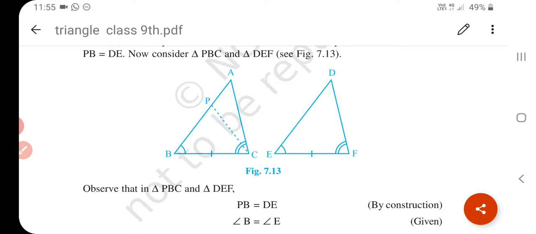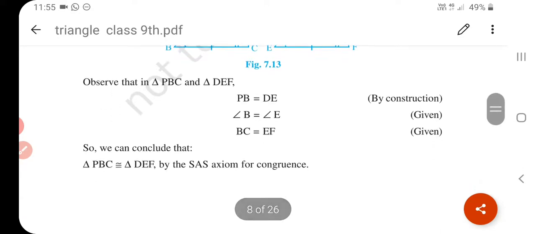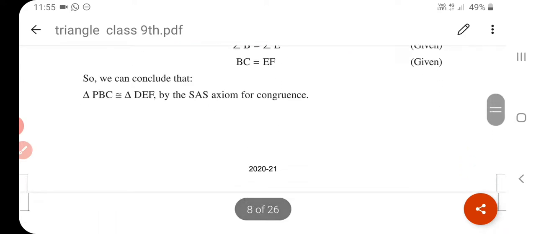we know DE is equal to PB. Okay, DE is equal to PB and angle B is equal to angle E is given. Okay, now BC is equal to EF. It's also given. So we can conclude that triangle PBC is congruent to triangle DEF by the SAS, side-angle-side, axiom for congruence.